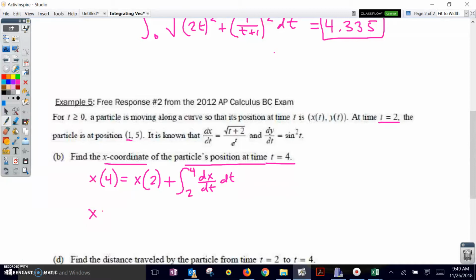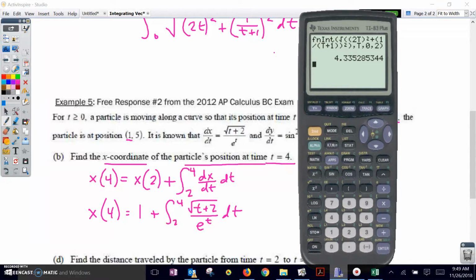And so the particle's position at time 4 is going to be equal to x of 2, which is 1, plus the integral from 2 to 4 of dx dt. And I'm just going to go ahead and do that on my calculator.